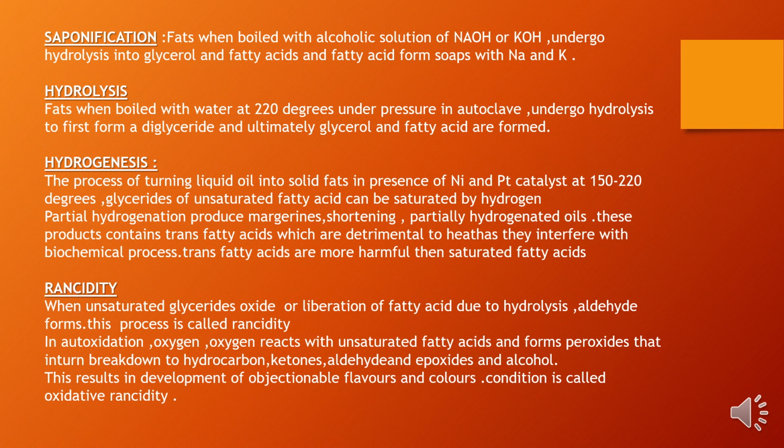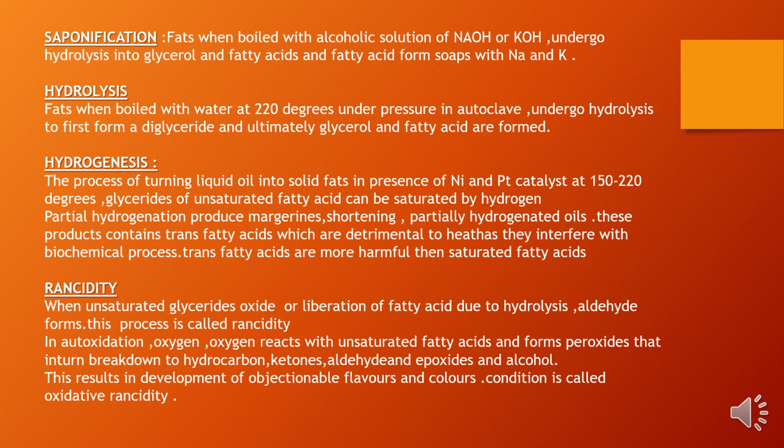Partial hydrogenation produces margarines, shortening, partially hydrogenated oils. These products contain trans fatty acids which are detrimental to health as they interfere with biochemical processes. Trans fatty acids are more harmful than saturated fatty acids.